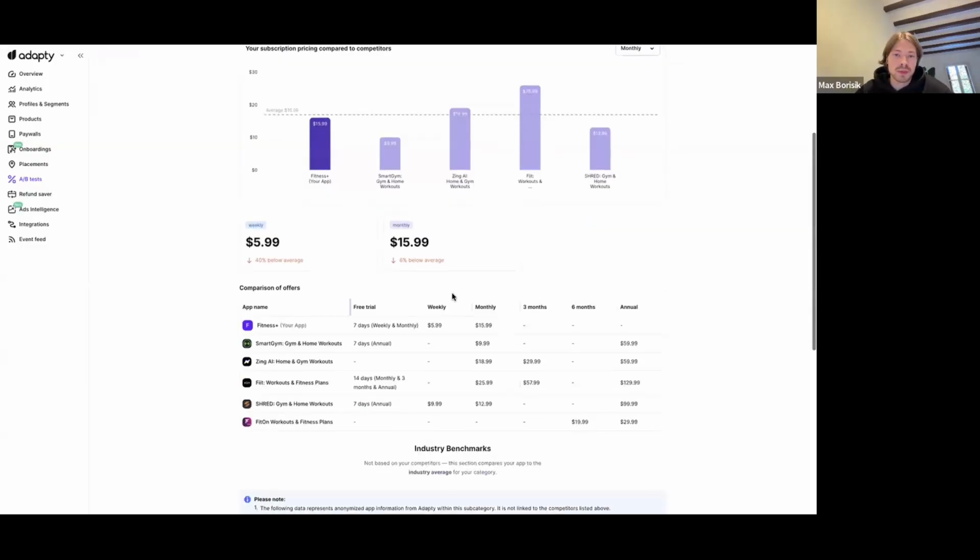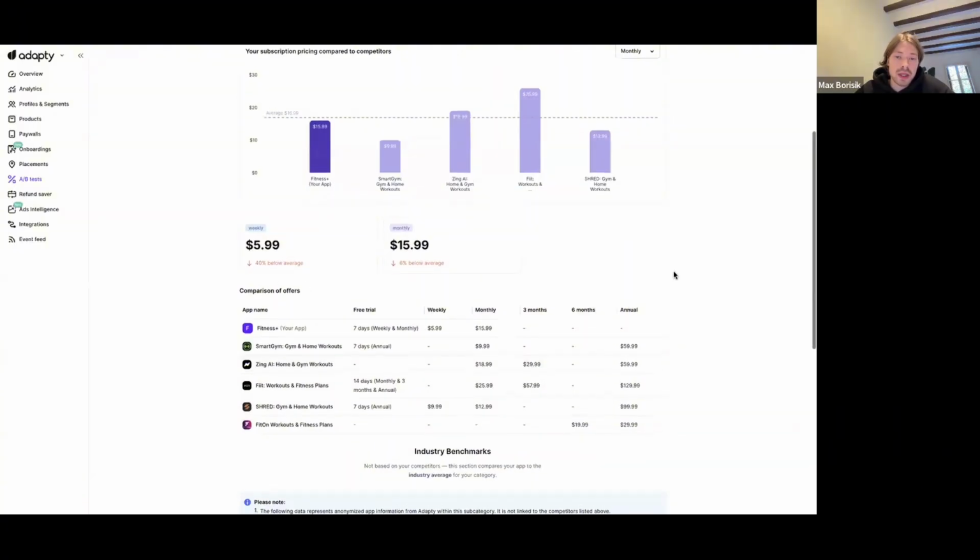And also in the table below, it's seen very well that lots of them are operating on the monthly, and also lots of them are doing the annual subscriptions, while we are not doing the annual one, and we're doing only the weekly. So there are already a couple of hypotheses coming up in my mind, of what we can try out and what's good and what's not.